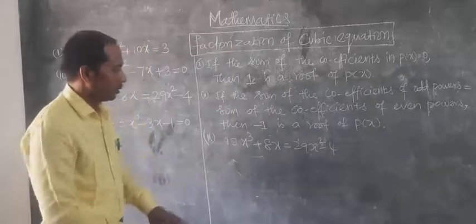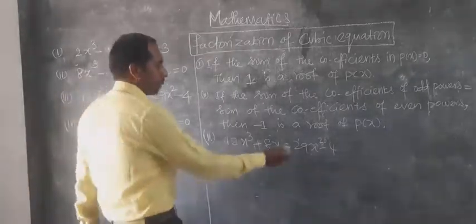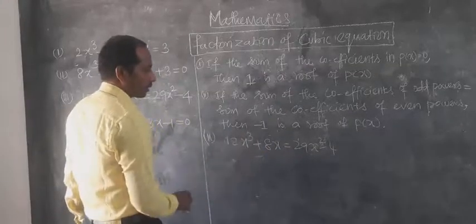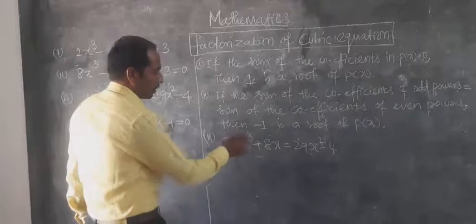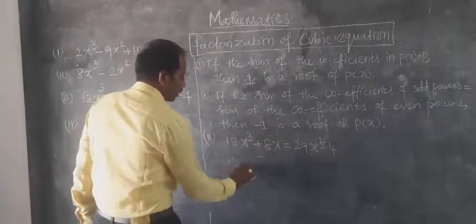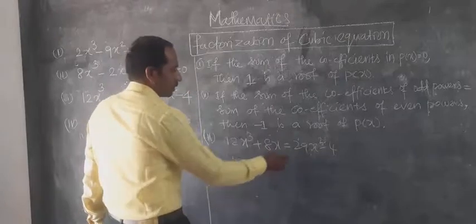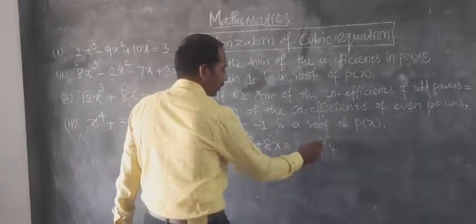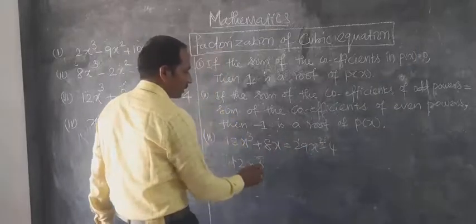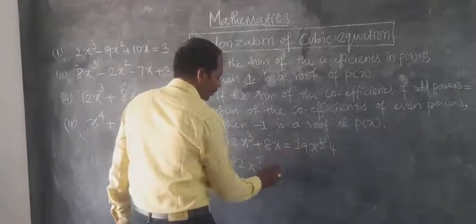So just you change the variables from the right side to left side. Then you can read 3, 2, 1, 0 like this, the powers. So 12x power 3, here 29x square is there. So it is a right hand side. Come to the left hand side means it will get the opposite sign.